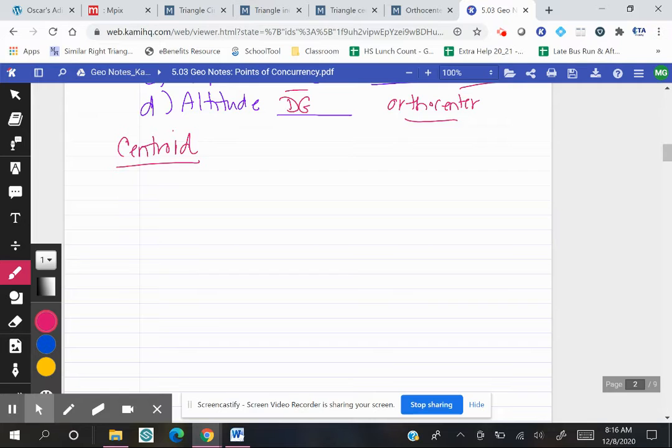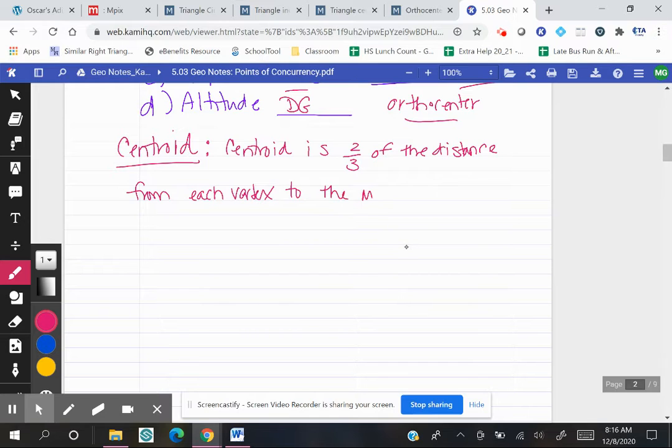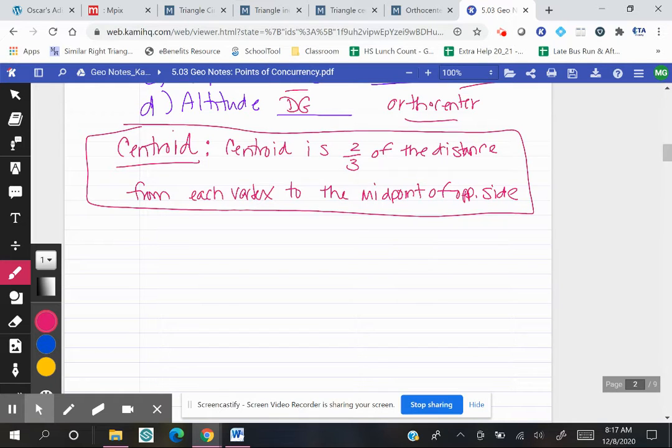So the centroid rule, our special fact, is that the centroid is 2/3 of the distance from each vertex to the midpoint of the opposite side. Okay, so that's your special fact about a centroid.